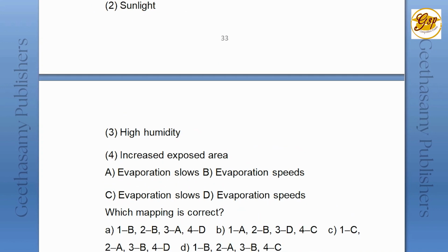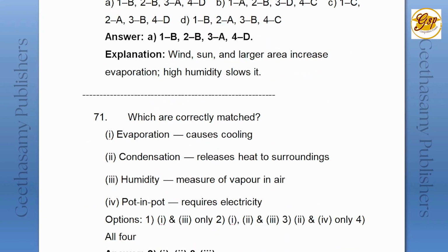The correct answer is A only. Increased wind speeds evaporation, sunlight speeds evaporation, humidity slows evaporation, and increased exposed area speeds evaporation. ABCD, 1, 2, 3, 4. Right?